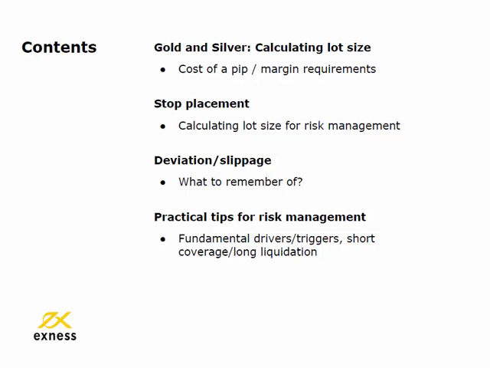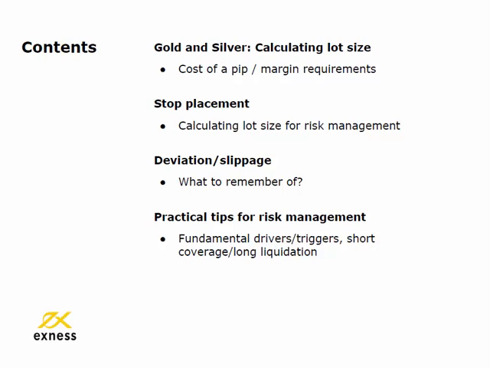On this slide you see brief contents of today's video. First of all, we'll talk about calculating lot size, cost of a pip and margin requirement, how to calculate it, how to take it into consideration. Then we'll talk about stop placement, how to calculate lot size for placing a correct stop.